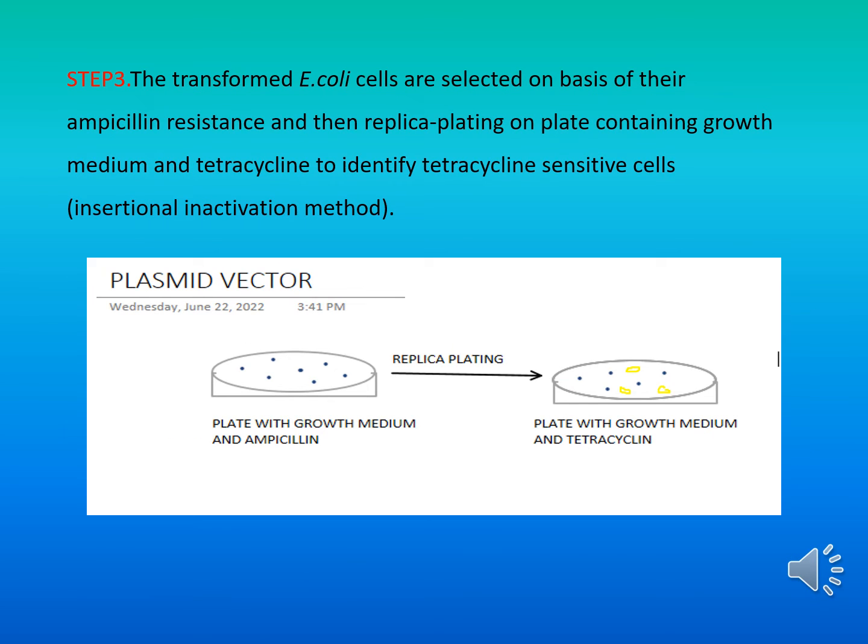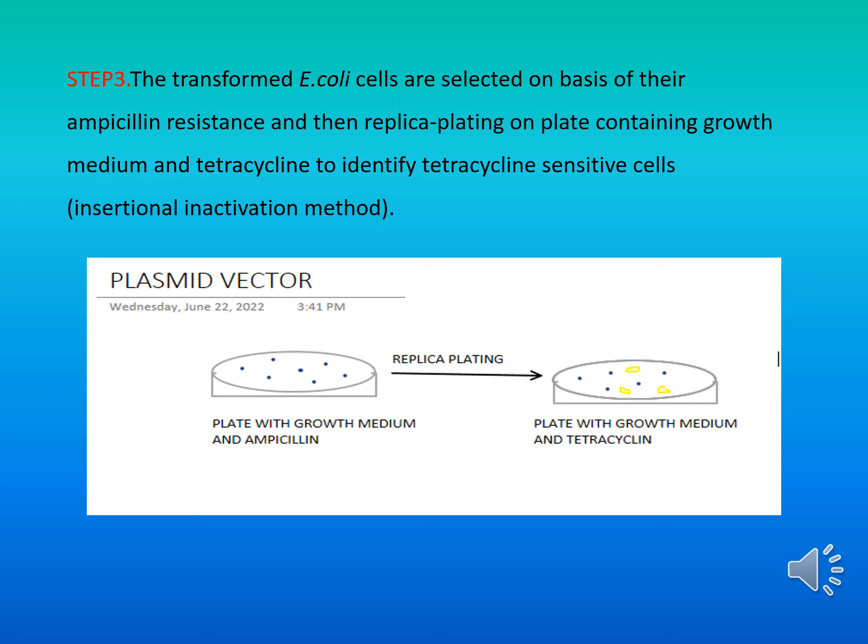Now how will we select transformed cells from non-transformed cells? The E. coli cell which has the recombinant vector gains ampicillin resistance but not tetracycline resistance. We use the replica plating technique for screening of these transformed E. coli cells.